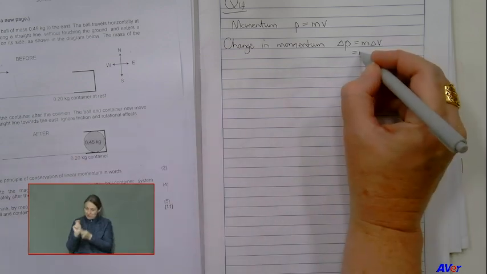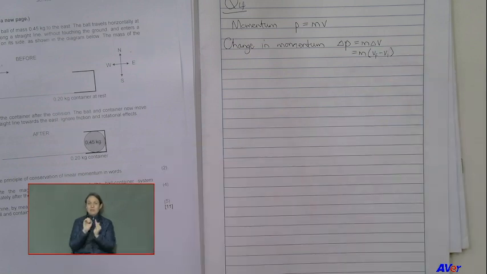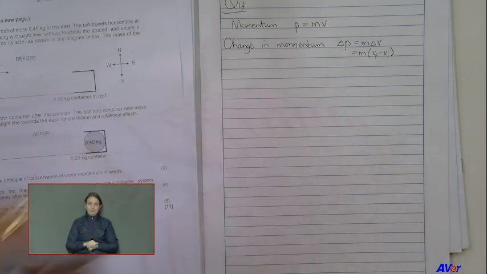And then it becomes M (Vf minus Vi). Okay, so that's called change in momentum. Also a single object. So there can be a car and a truck in a collision. Then you must calculate delta P for either the truck or the car, not for both of them.